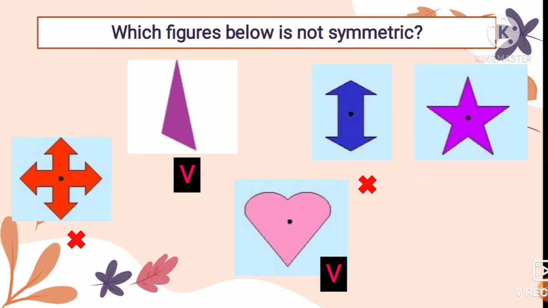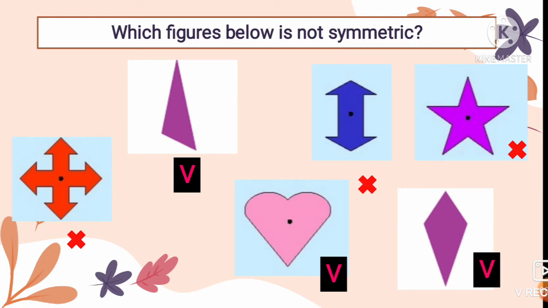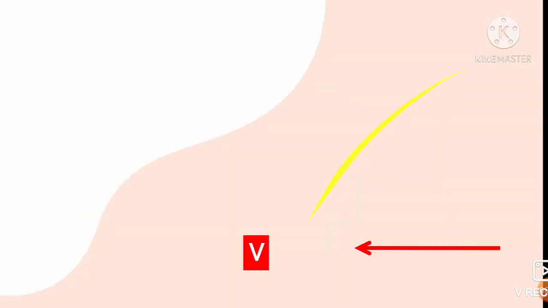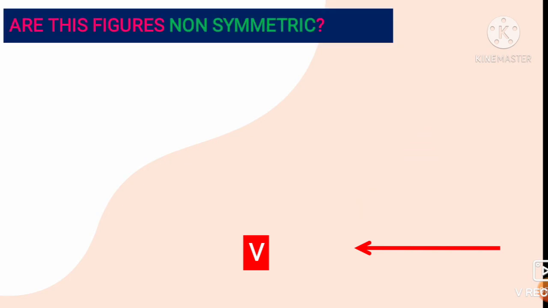What about this star? Is this not symmetric? It is a symmetric figure, so say no for this. What about this rhombus? It is a symmetric figure, so we can say no. Are these figures non-symmetric?